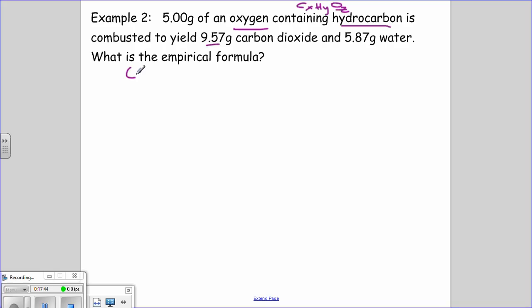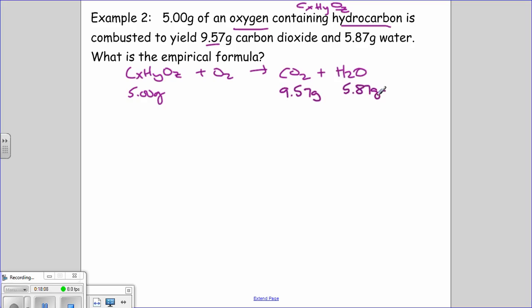So here we go again. CXHYOZ plus oxygen yields carbon dioxide and water. I have 5 grams of this compound. I don't know how much oxygen I have yet, but I will. I have 9.57 grams of carbon dioxide and 5.87 grams of water.